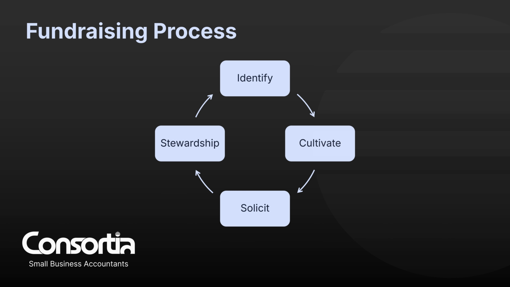And so what you do is you cultivate a relationship, and that's what's missing. And so marketing is cultivation. That's what you're doing. So you identify your target market and you begin to develop a relationship with your market. Now, of course, we're going to tie this in here in a second. But then, of course, we're going to solicit. But we don't solicit until we have that relationship. Otherwise, people are not going to donate.